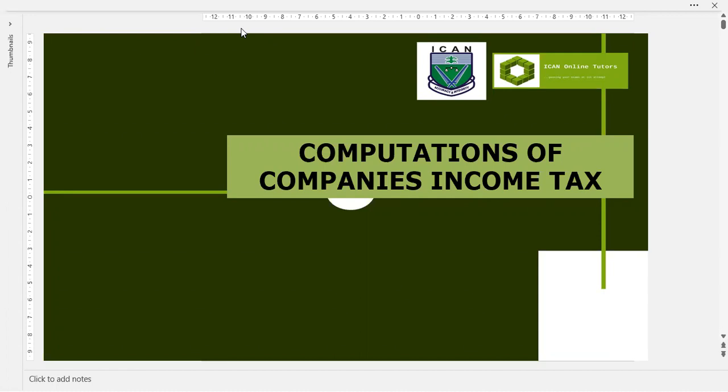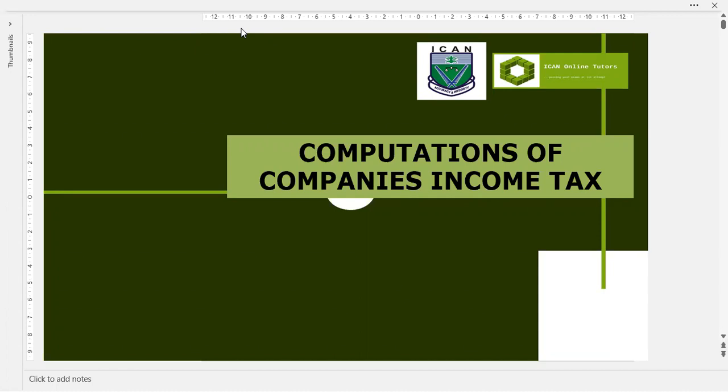In our last two classes on this topic, we have taken the persons that are chargeable to tax. We looked at the pro forma for the preparation of the statement of profit or loss or statement of comprehensive income, and also the pro forma for the computation of assessable profits or loss.